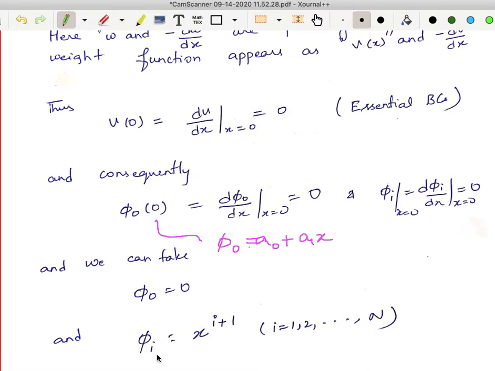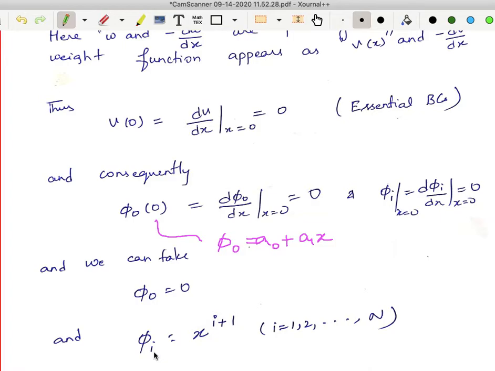Phi I will start from x square, because the 0th order and first order constant and x terms are already appearing in phi naught. So phi 1 will start with x square, phi 2 will be x cubed, and so on. In general, phi I can be taken as x to the power of I plus 1.